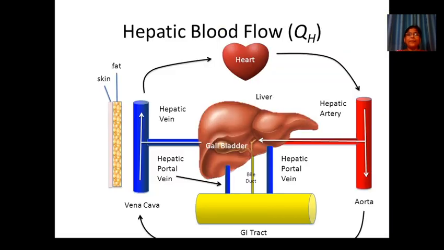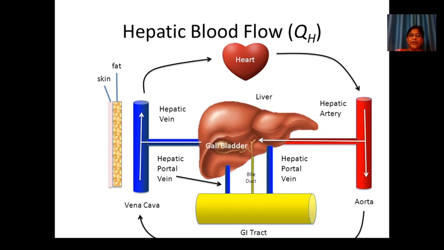This is hepatic blood flow. You can see it through the figure. This is the center, the liver is there. This liver is supplied by the aorta, and the hepatic artery is giving pure blood to the liver. And then the impure blood from the liver is drained out by the hepatic vein. This hepatic vein enters the inferior vena cava.